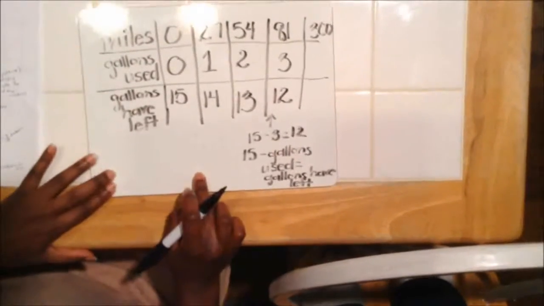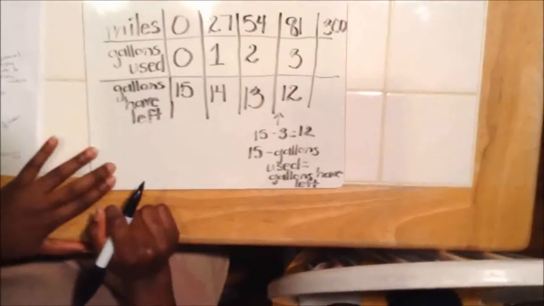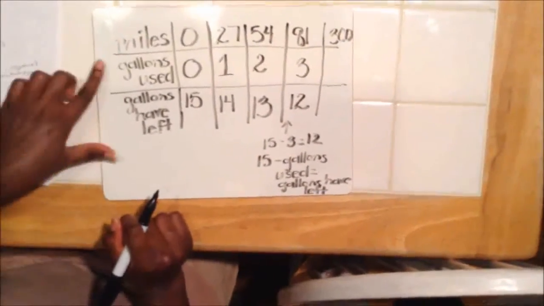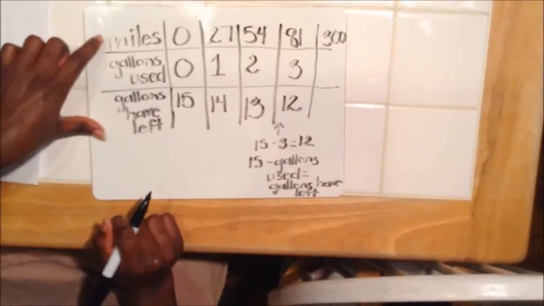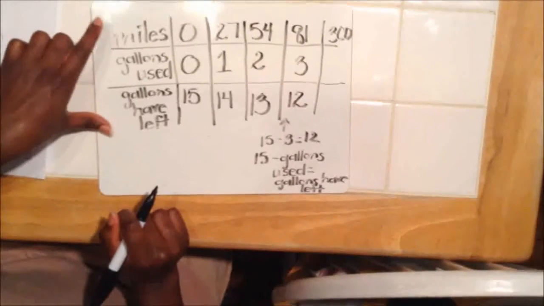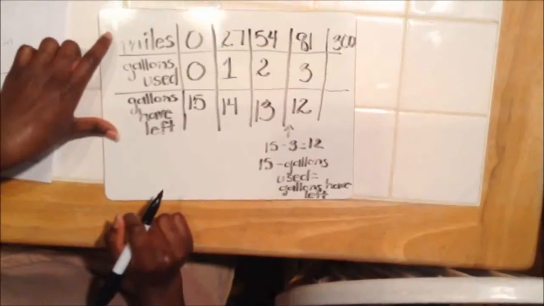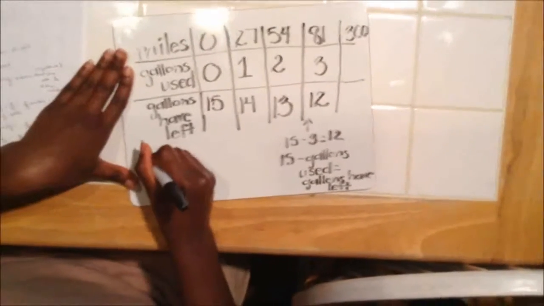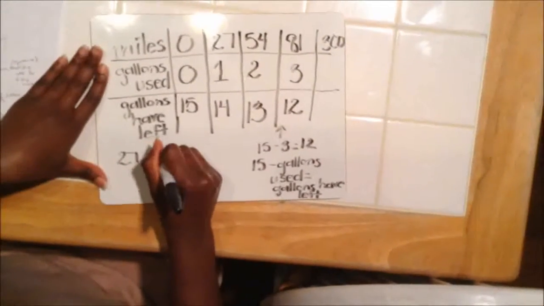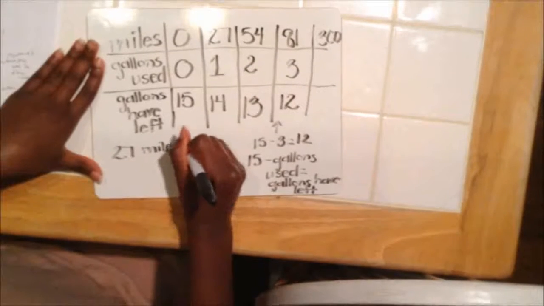Now the tricky thing is you have to figure out how many gallons that you've used. And a way that you can figure out how many gallons that you've used is by looking at how many miles you've gone. And if you notice a relationship, the amount of gallons that you use is related to this right here. You travel 27 miles per gallon.